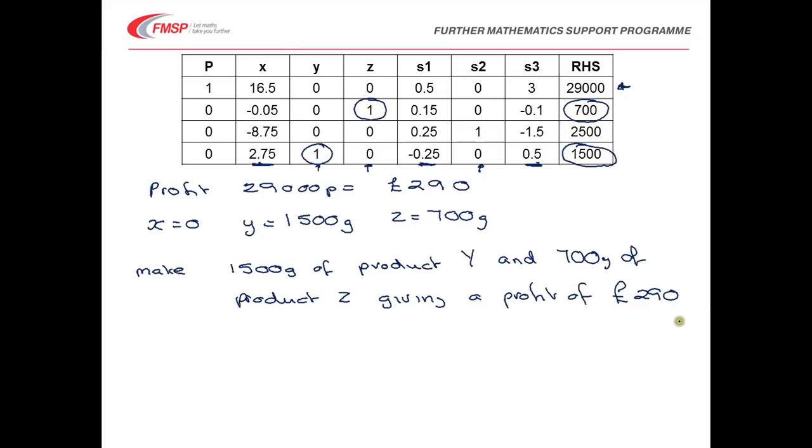And it's very important that you write that solution out, that you don't just leave it like this, because you will lose marks. You have to actually properly interpret the solution in the context of the original problem.